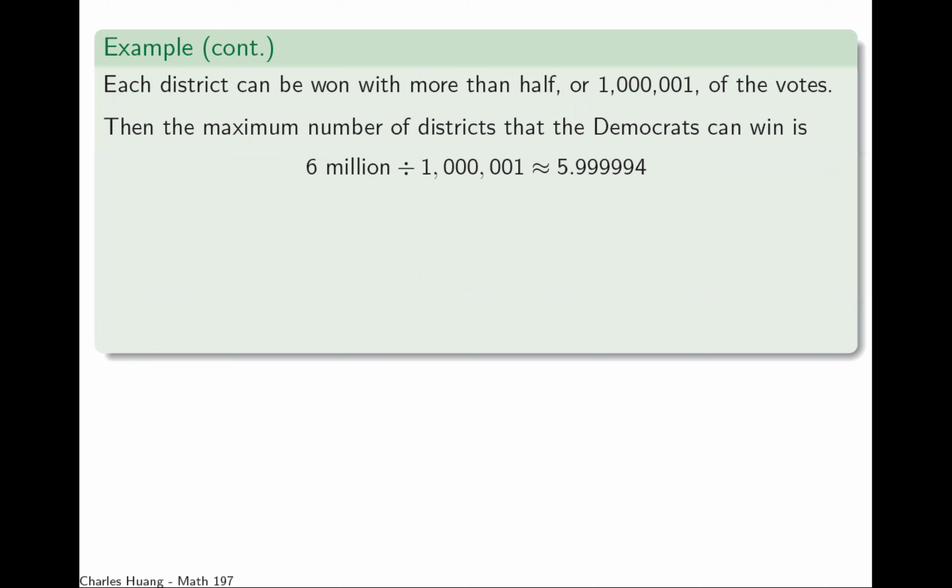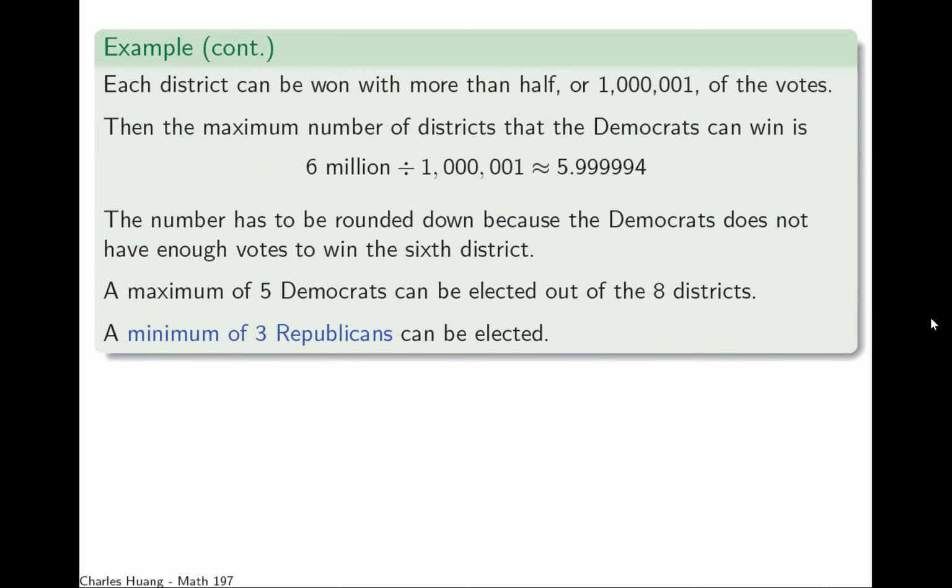So the number of seats the Democrats can win is 6 million divided by 1,000,001, or 5.999. Now, remember, we cannot round up because we don't have enough votes to win more than 5.999. So we cannot win the 6th seat. The most we can win for Democrat is 5.